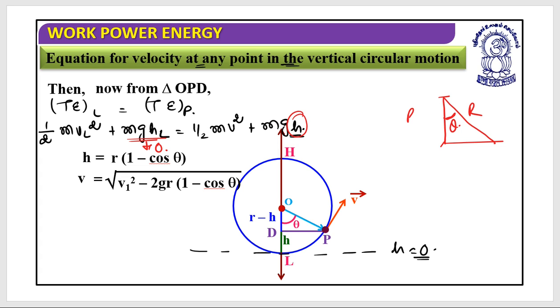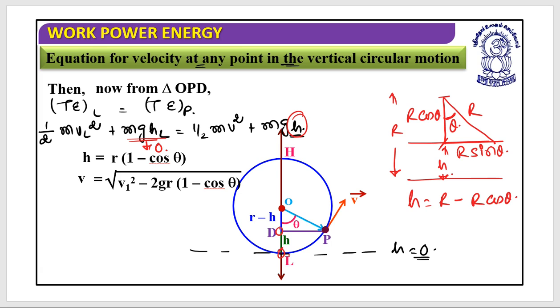So this is r cos theta, this is r sin theta, and I am interested in this point, and this is r as a total. So when I write h, I should write it as r minus r cos theta, so it's r into bracket 1 minus cos theta. So my h should be equal to r into bracket 1 minus cos theta.